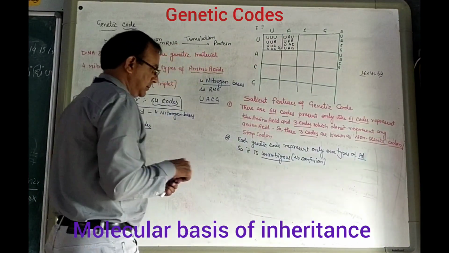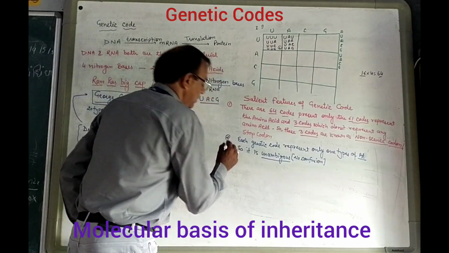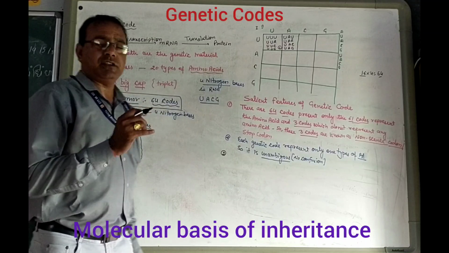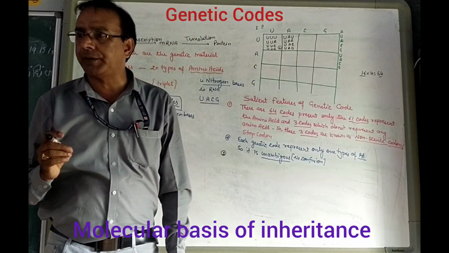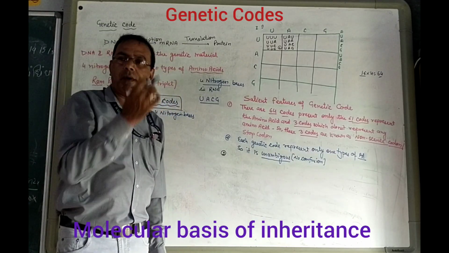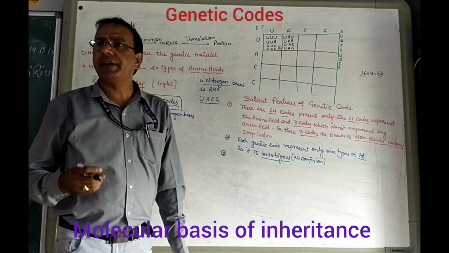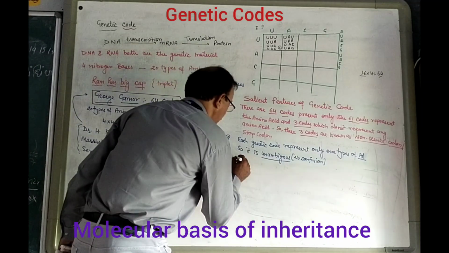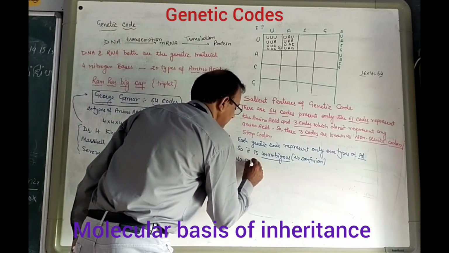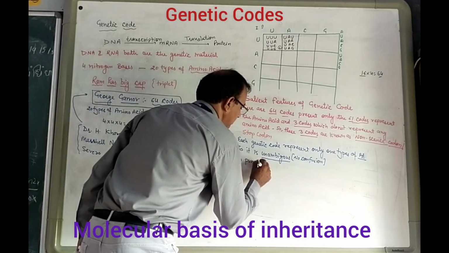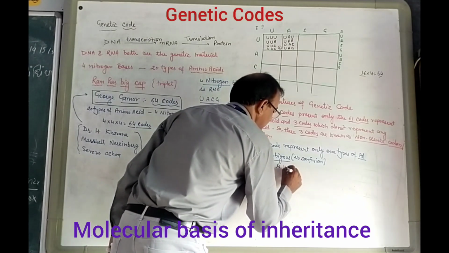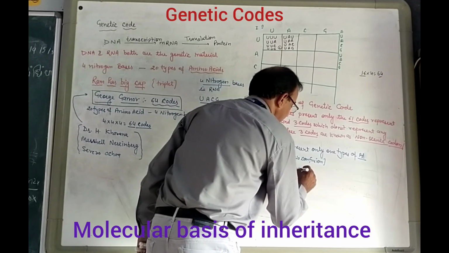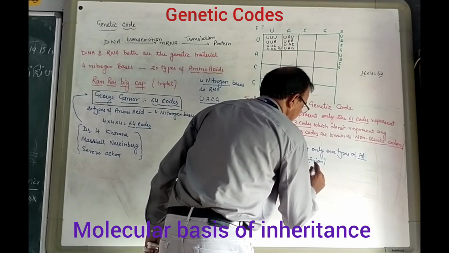The third one is genetic code representation never uses punctuation. It means no use of comma, full stop, dash, etc. No punctuation is used in amino acid sequence.